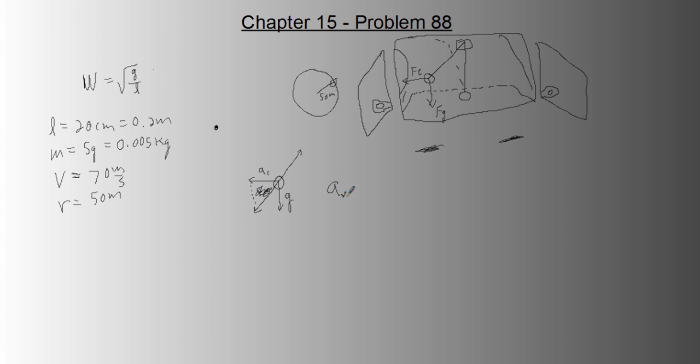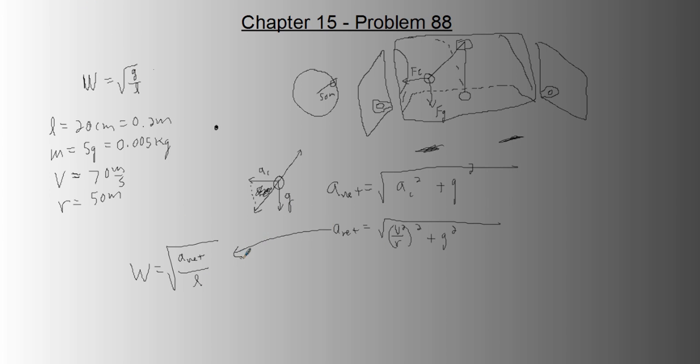A net is the Pythagorean theorem: the square root of A centripetal squared plus g squared, which is the square root of v squared over r, squared, plus g squared. Centripetal acceleration is v squared over r. And we're going to use A net in here instead of g.